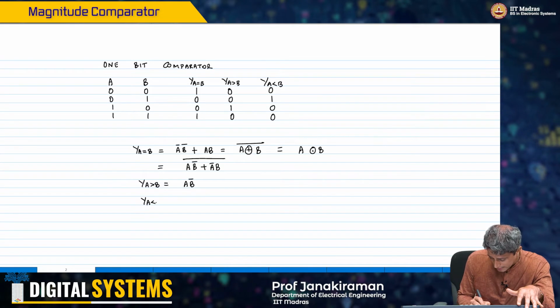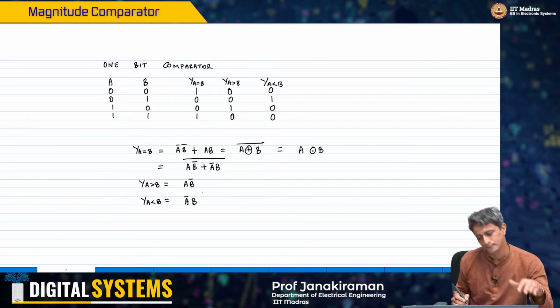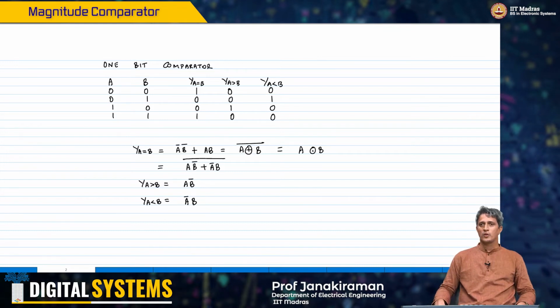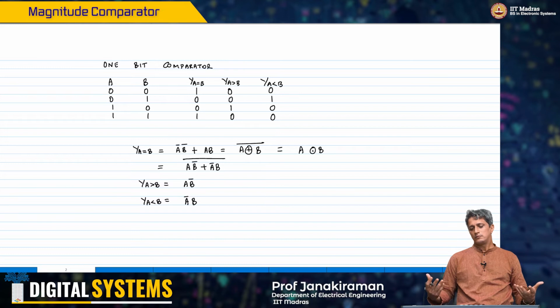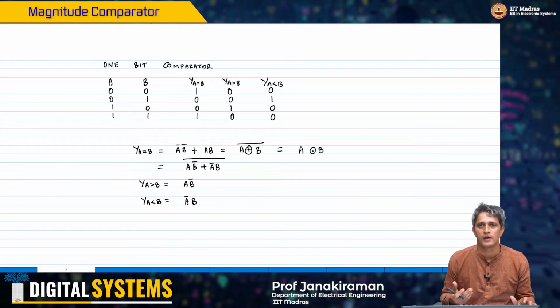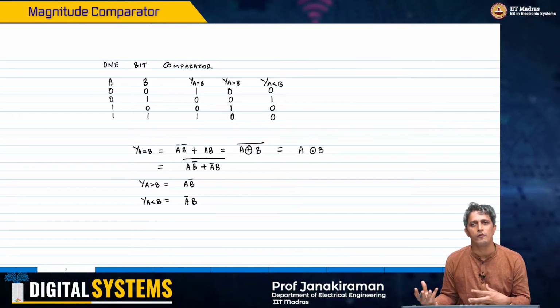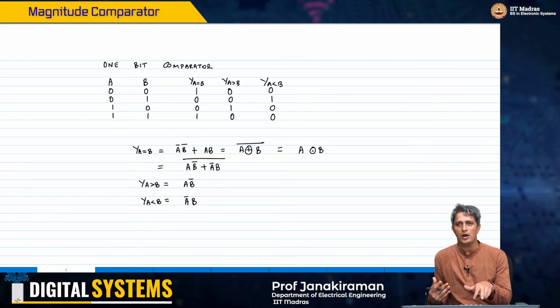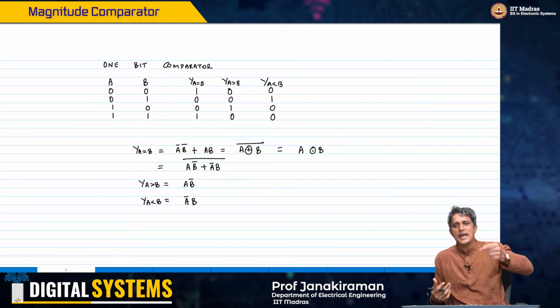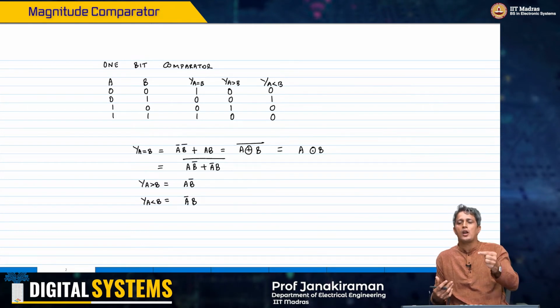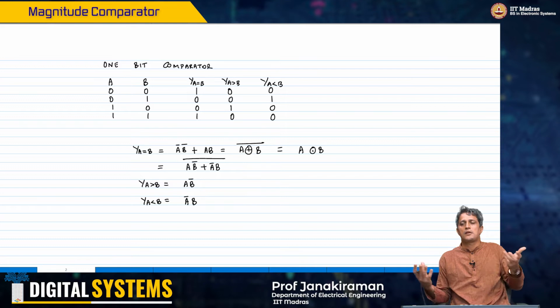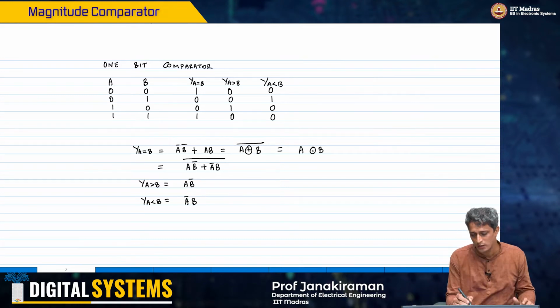Likewise, Y A less than B is A bar B. Okay, so in some sense, what we have out here is that A equal to B itself is a case of it's neither A greater than B nor B greater than A. That means A has to be equal to B. That's what this is.